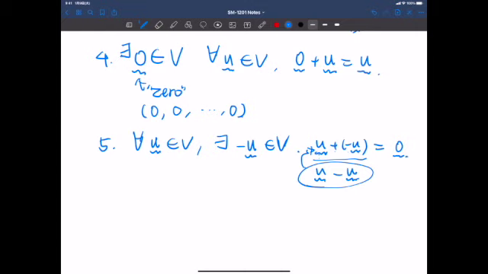And in terms of a row vector, if we have u1, u2, up to un, then negative u is negative u1, negative u2, and so on.